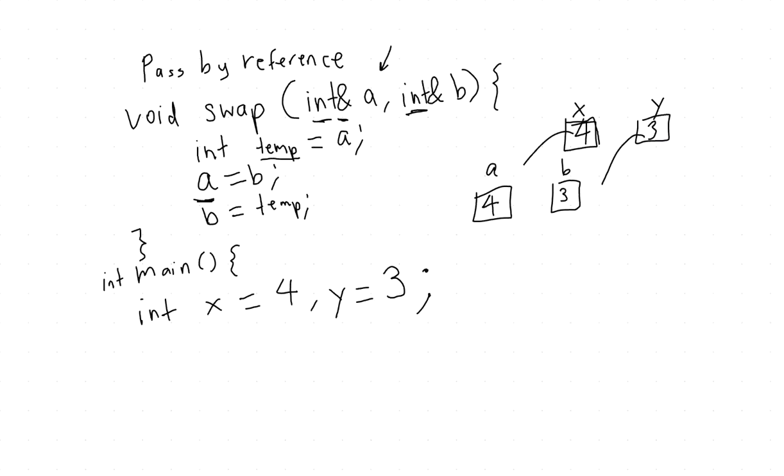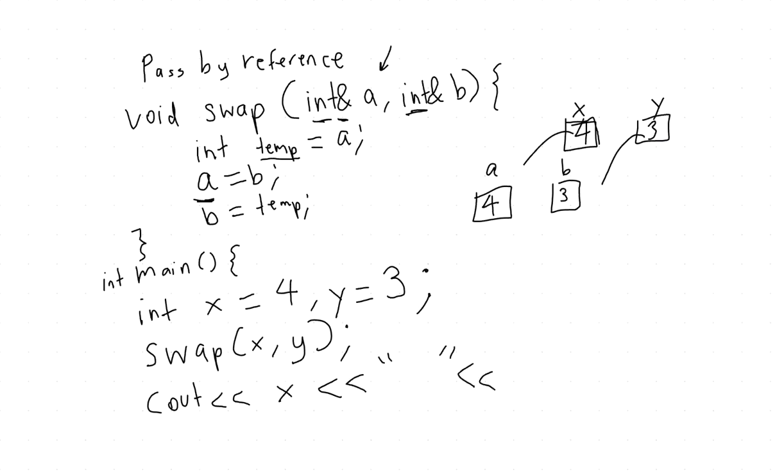And then you call the swap function by just passing the variables in. And then to check if it worked, you might print X, space, Y.